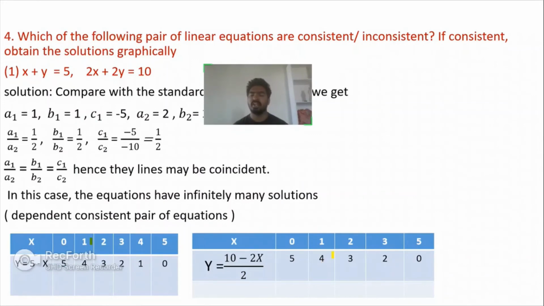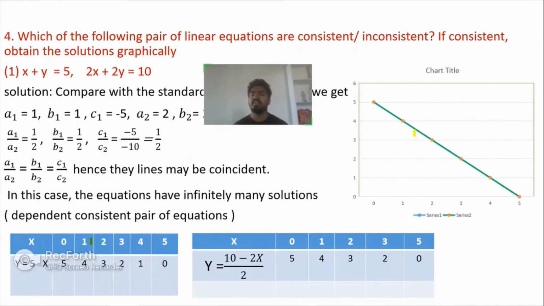Now we have to plot all the points in a single graph in order to see the graphical representation of the two given equations. If you plot the graph, we can clearly see that the two line equations, x plus y is equal to 5 and 2x plus 2y is equal to 10, are coincident and form a single line.